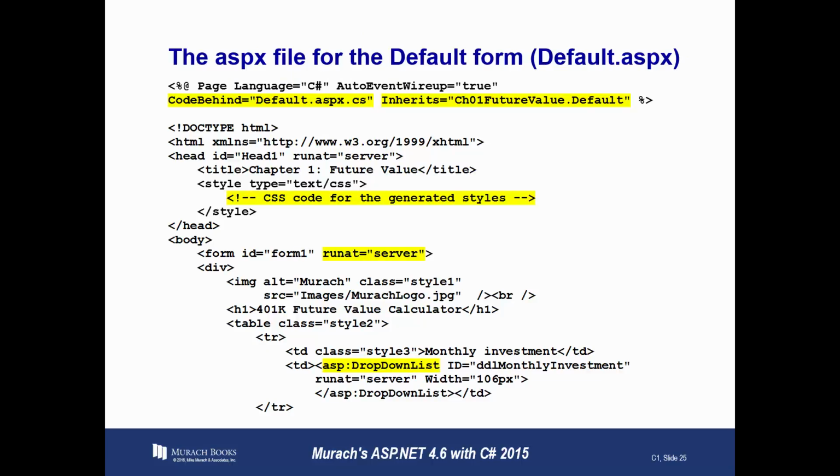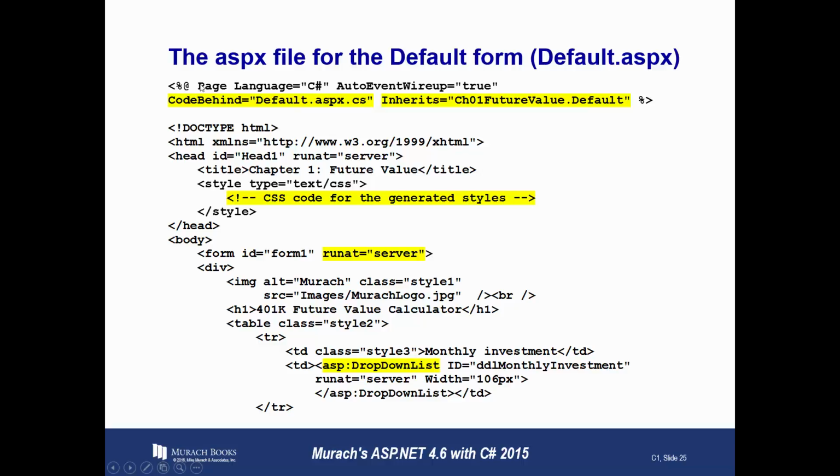So the code that you see here is on page 25. Now it's really important to realize that this code that you see right here is ASPX code, which means it's not C# code per se. This top line can all be put in one line, but the author separated it into two so you can read it easier.